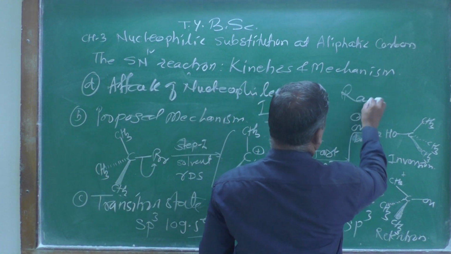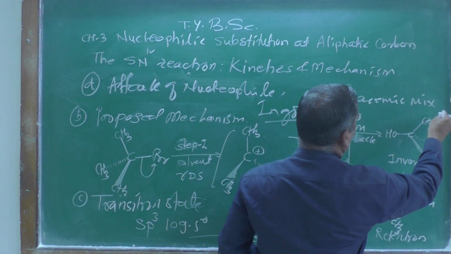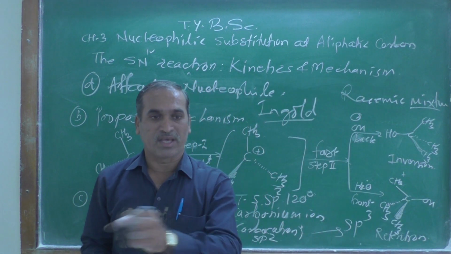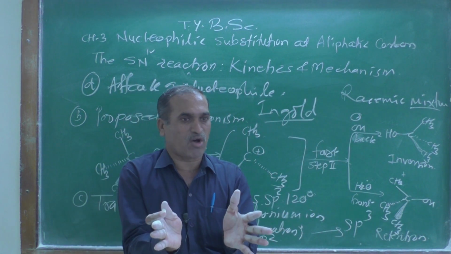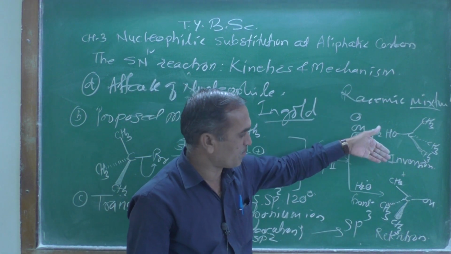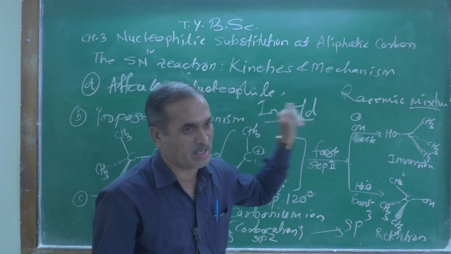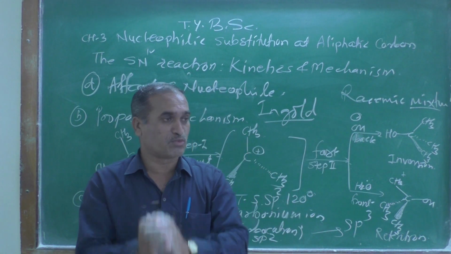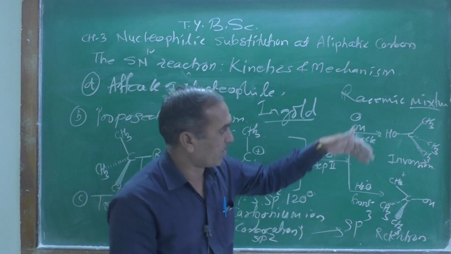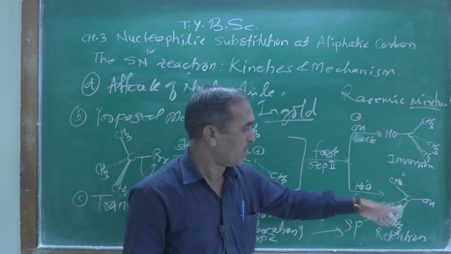They are known as a racemic mixture. Have you heard this word, racemization? Racemic mixture means there are equal chances of formation of the inversion product as well as the retention product, 50% inversion and 50% retention.